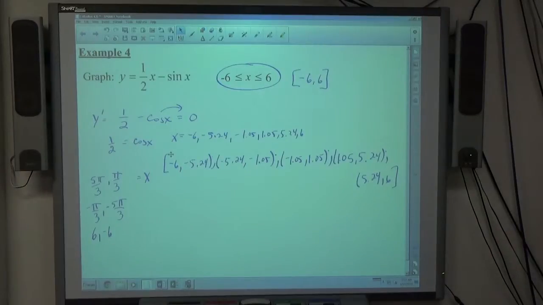There's all my intervals of increase and or decrease. Don't know what they are yet because we haven't tested them yet.